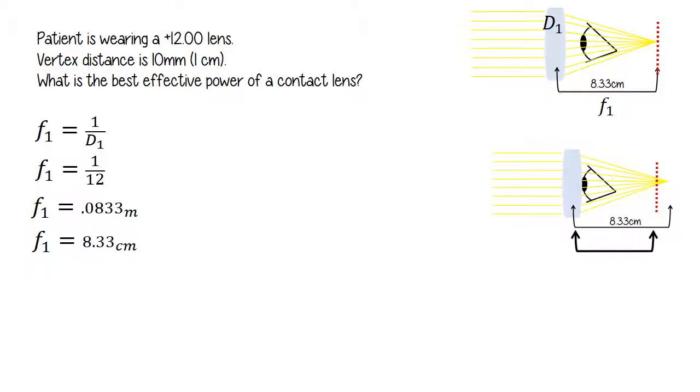So in order to get that focal length back to where the patient needs it to be to see clearly, we have to remove that 1 centimeter of focal length. And we come out with 7.33 centimeters, and we're going to call that focal length 2, or F sub 2.